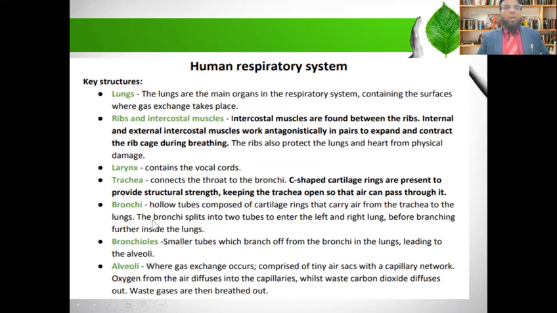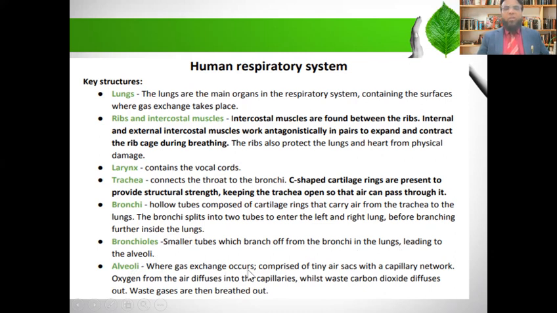Now, bronchioles, as we discussed in the previous slide. When the bronchus goes ahead, it splits into the bronchioles, the finer and thinner tubular structures, which are connected to the alveoli. These are the smaller tubes which branch off from the bronchi in the lungs, leading to the alveoli.